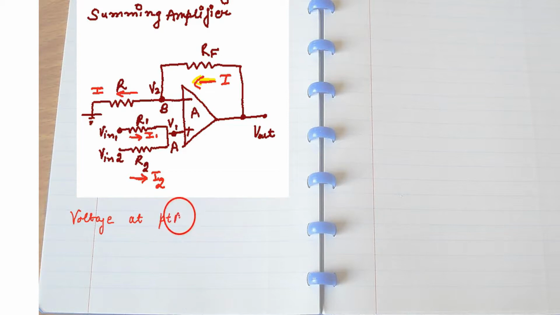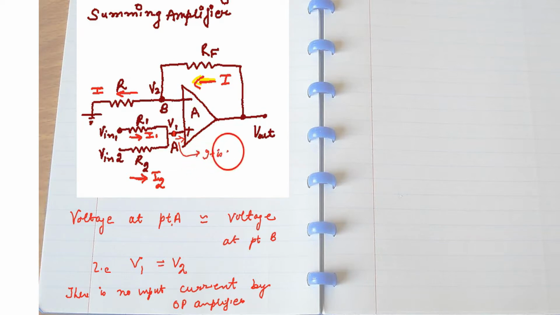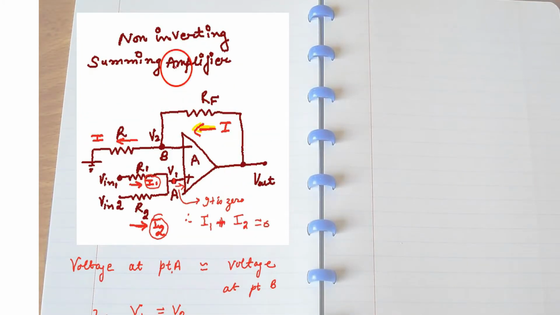Now, the voltage at point A is equal to the voltage at point B. This is the characteristic of the op-amp. V1 equals V2. Op-amp inputs never draw any current, so here it will not draw any current through this terminal. So the sum I1 plus I2 becomes equal to 0.